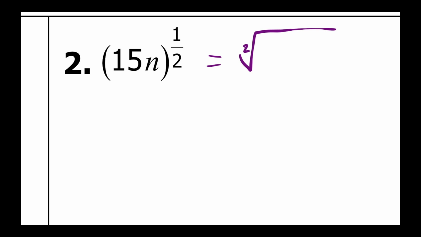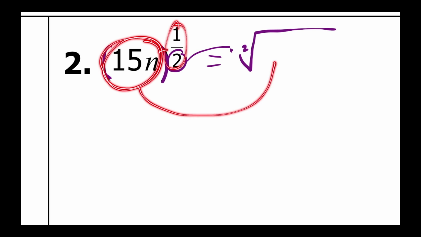What do you mean you don't understand why there's no index? Yeah, the index is 2. But with a square root, if you don't write an index in there, you know it's a 2. But we can put the 2 there if we want to. And then, since this is in parentheses, all of this is being raised to this power.